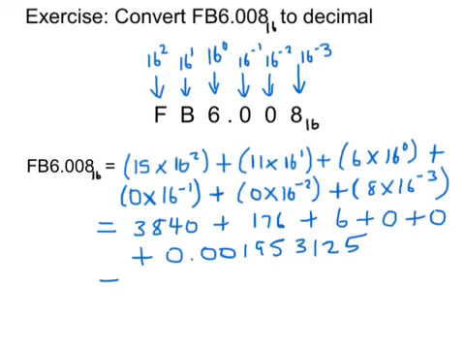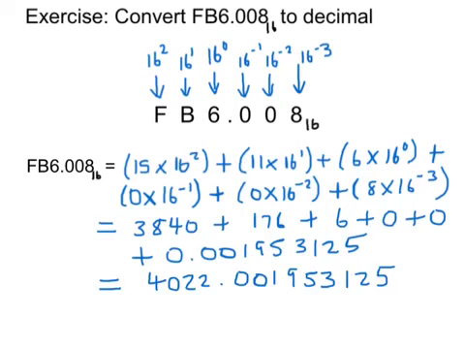And adding all these together, I get 4022.001953125. Your calculator may not show these last three digits, and that's okay. So the answer to the problem is that FB6.008 in hexadecimal is equal to, in decimal, 4022.001953125.